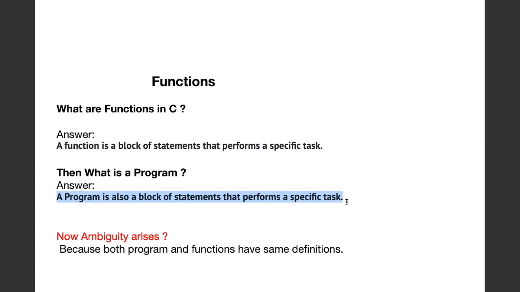So you might be a little confused now. Ambiguity arises here because both the definitions are one and the same. A program is also a block of statements which performs a specific task, whereas a function is also a block of statements that performs a specific task. Then are they the same? This is the one thing that arises in the minds of everyone who looks at it.